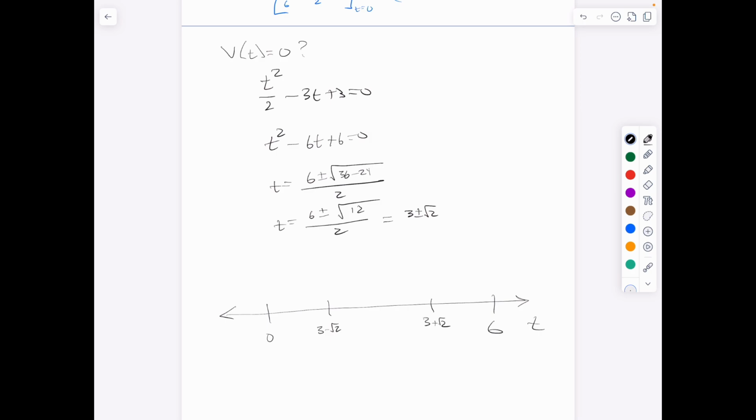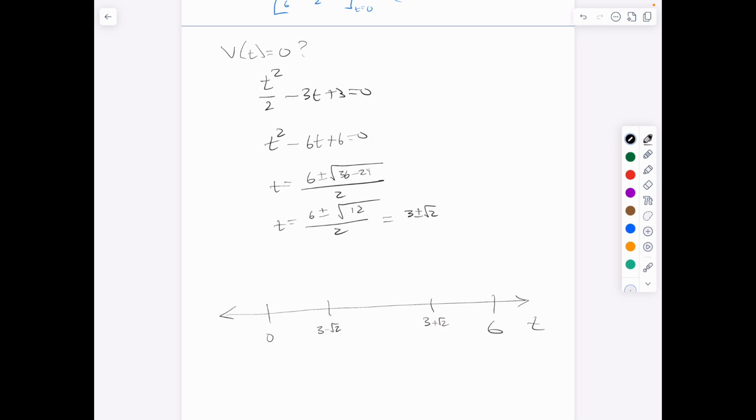So you start this particle moving at t equals 0, and I don't know if it's going up or down, I don't care, but it stops at t equals 3 minus radical 2 and turns around, starts moving in the opposite direction, and then it stops again at 3 plus radical 2 and turns around again.